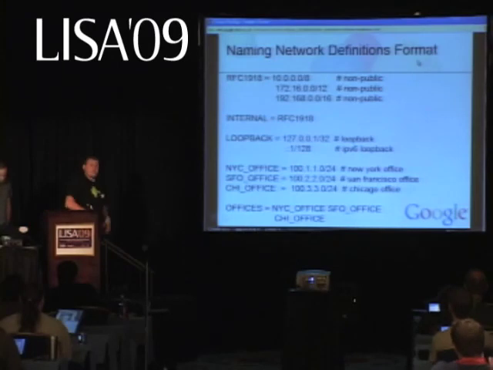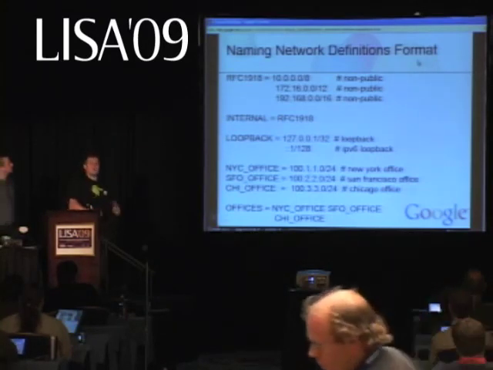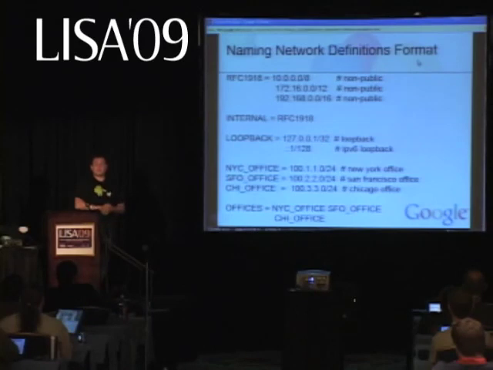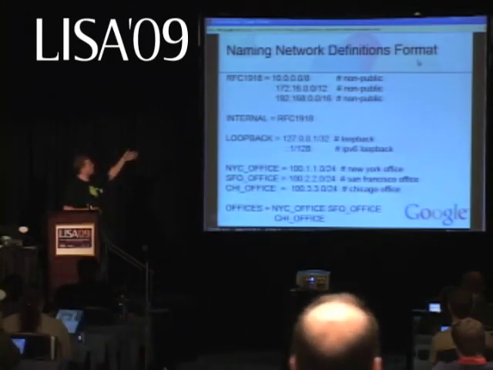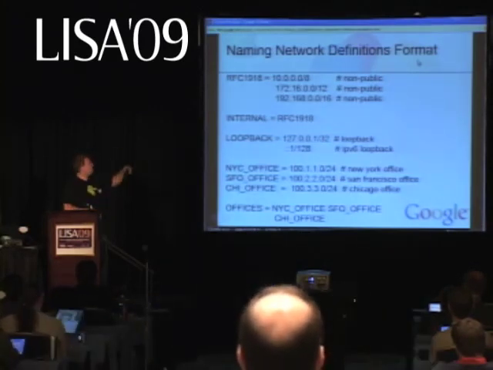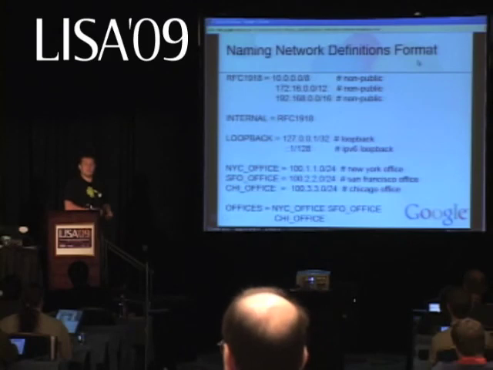So let's look at what a text file format would look like. You can just say something like RFC 1918 equals, and define a couple of networks and a couple of comments next to it. You can nest tokens. So you can say internal equals RFC 1918. You can say loopback equals 127.0.0.1/32, and also define it as an IPv6 address.